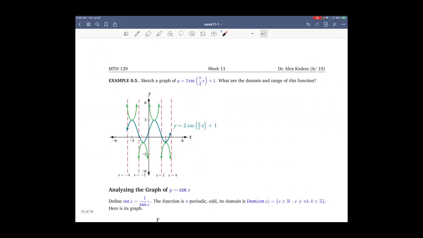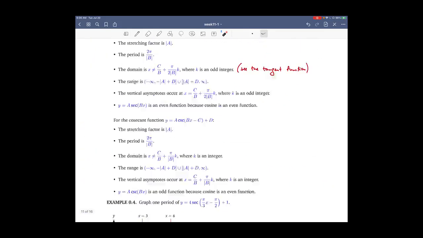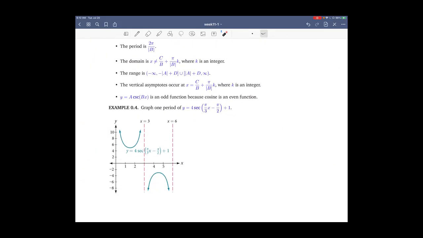And there are two of them. In the first of them, we need to graph one period of the function 4 times secant of pi over 3x minus pi over 2, plus 1.